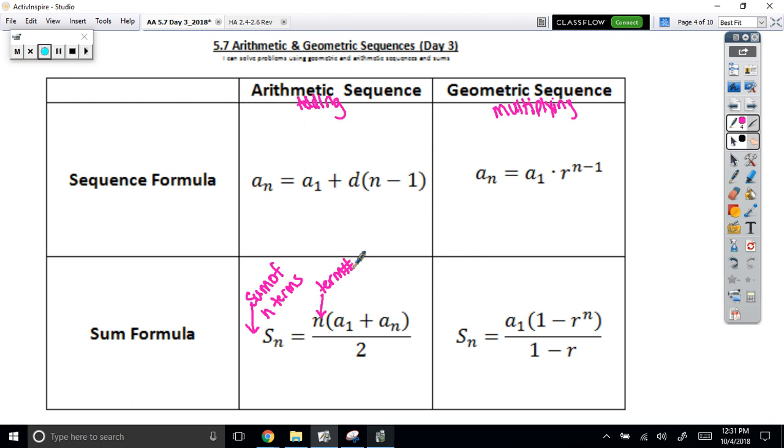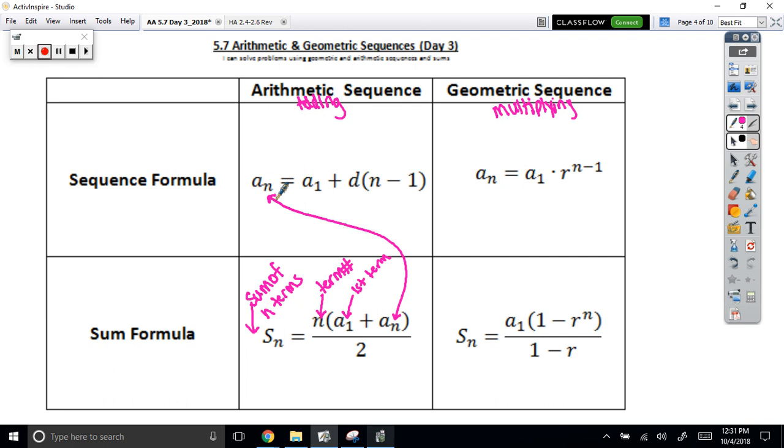So whatever we plug in for n. What was A sub 1 again? First term. Now, A sub n is the nth term, which is found using this formula.